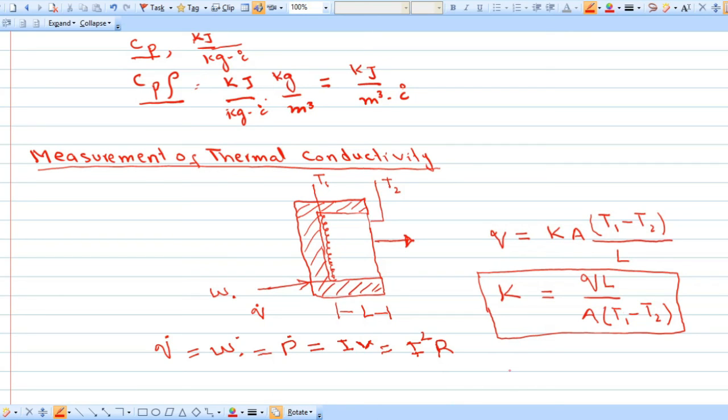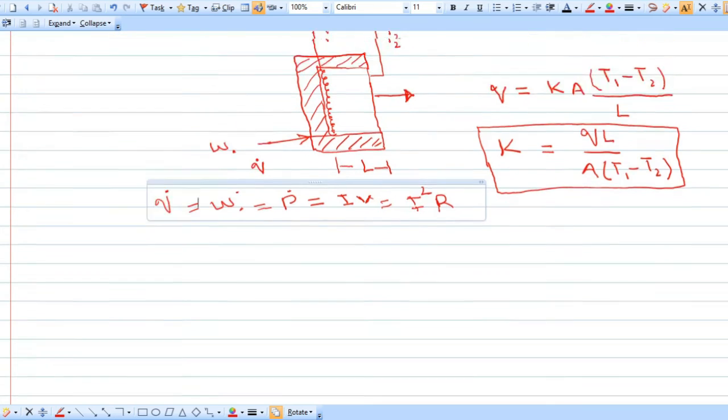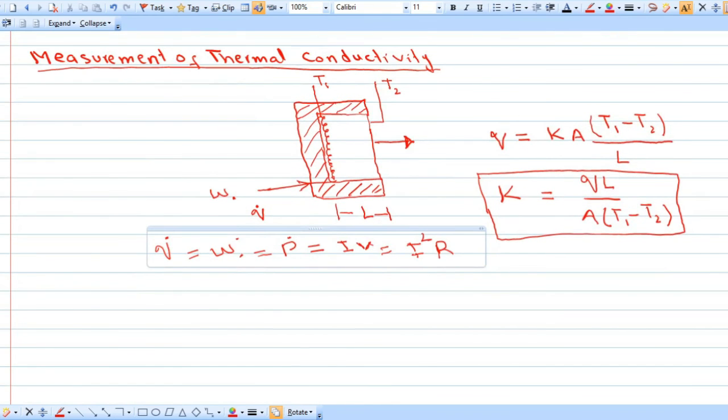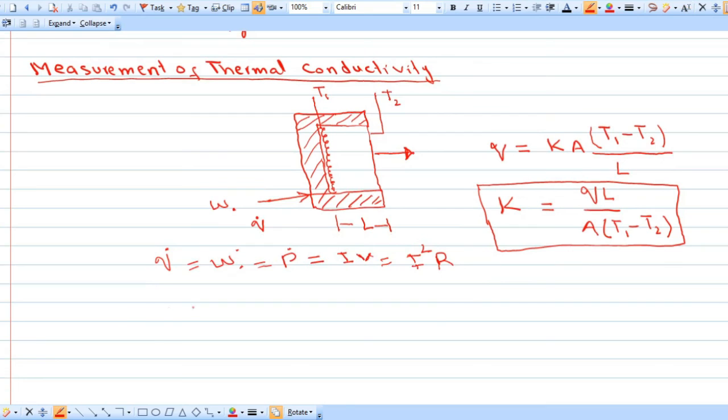Next is the relation between thermal conductivity and electrical conductivity, which was given by the Lorentz number. Here I consider this to be significant to describe because thermal conductivity and electrical conductivity are analogous to each other.